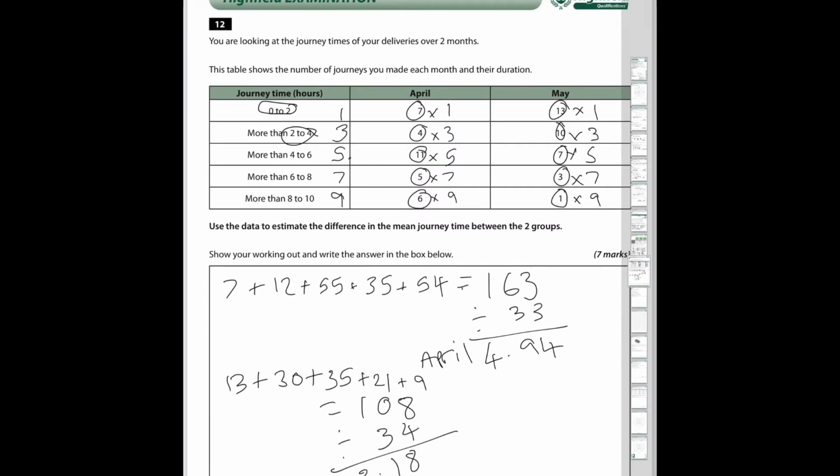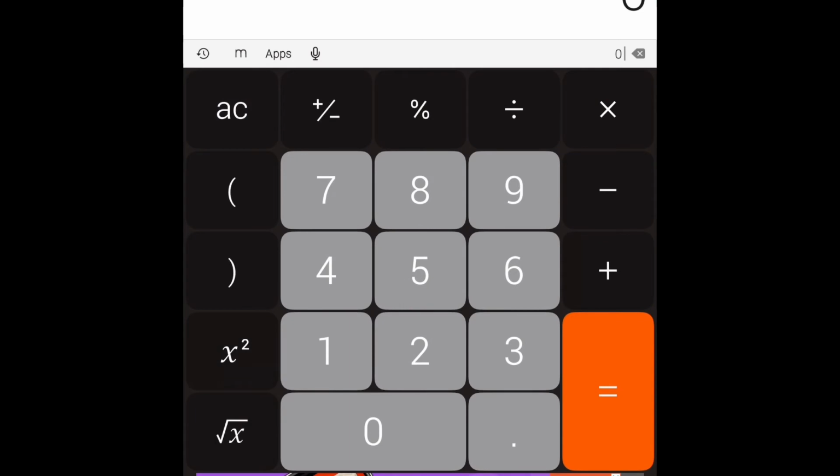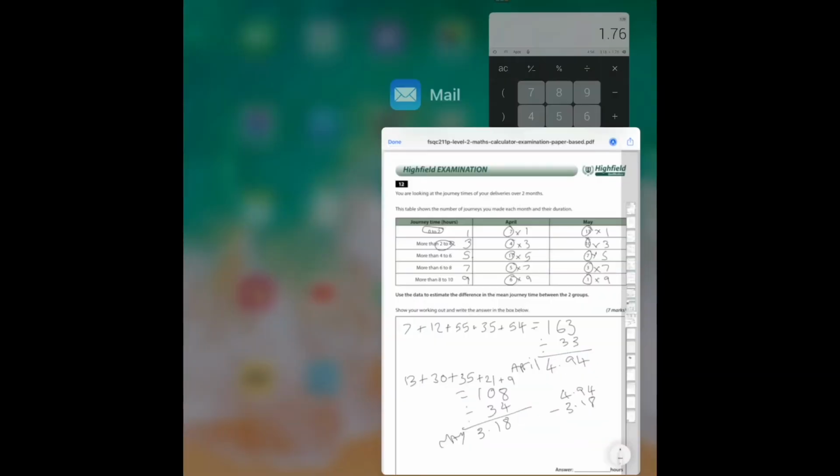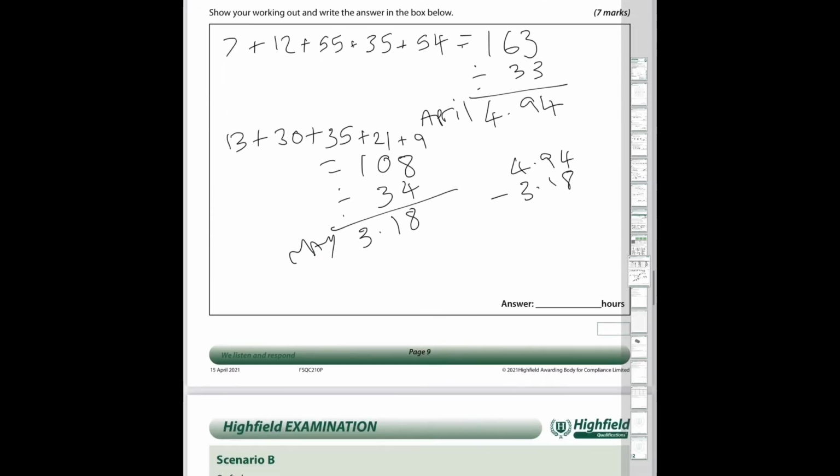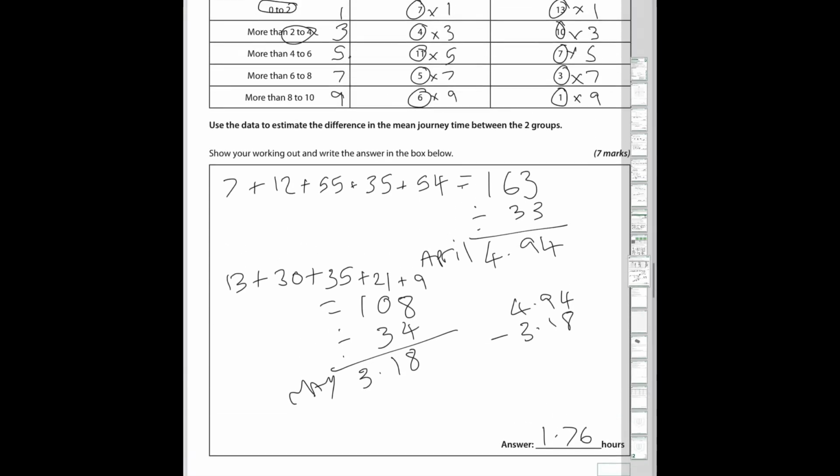Now we've got April and May, so all we need to work out is the difference. 4.94 minus 3.18 is 1.76. So the answer is 1.76 hours.